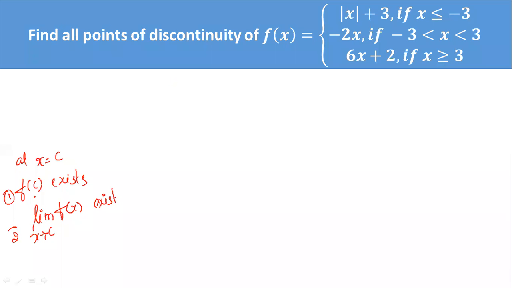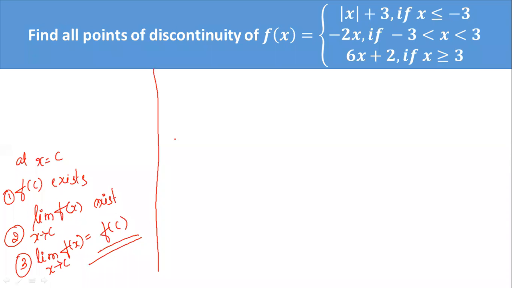The first one is f of c exists. The second one is limit of f of x as x tends to c exists. The third one is whether both are equal, that is limit of f of x as x tends to c is equal to f of c. These are the things which you have to verify. These things we have studied for the past 4 days.